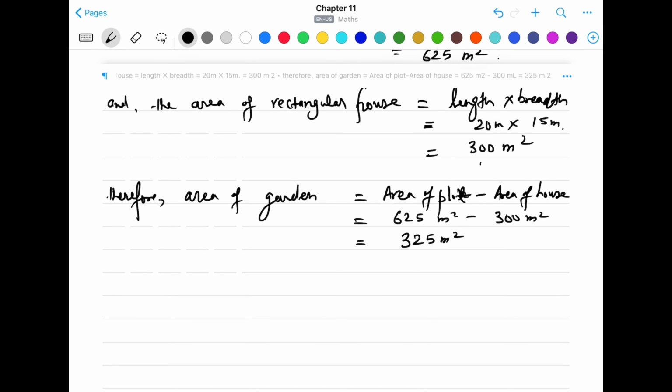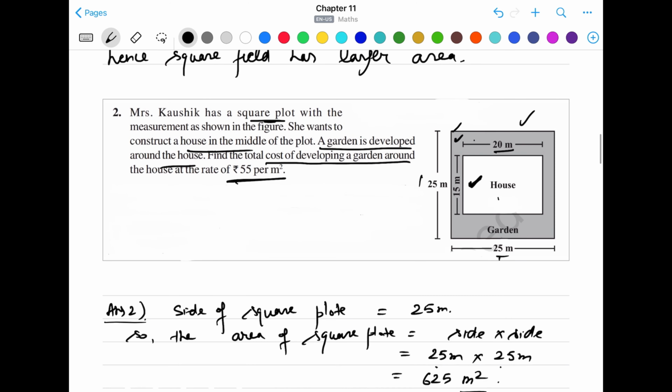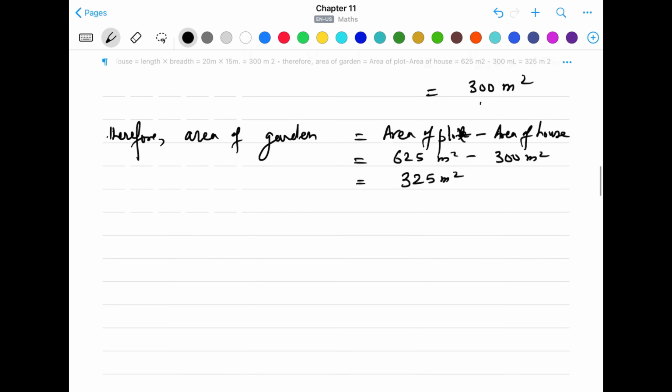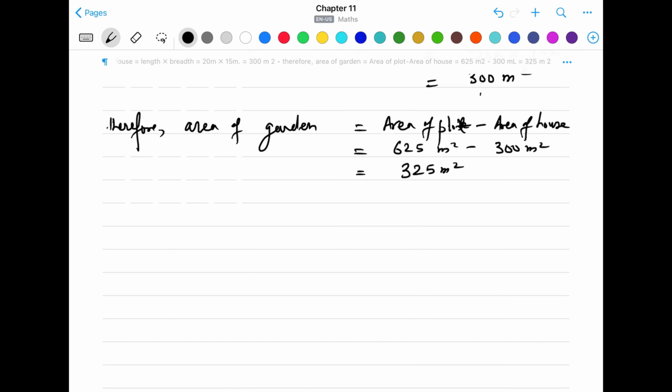Now we have to find the cost of developing this garden, at the rate of 55 rupees per meter square. The total cost of developing the garden will be equal to area into rate of cost. The area of the field is 325 meter square, and the rate of cost is 55 rupees per meter square.